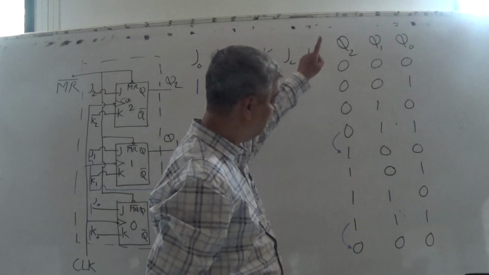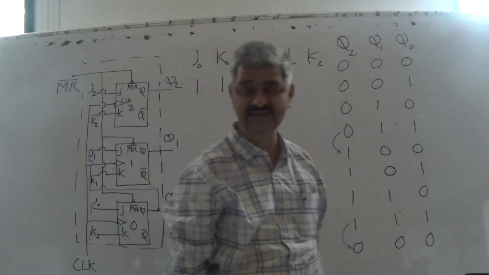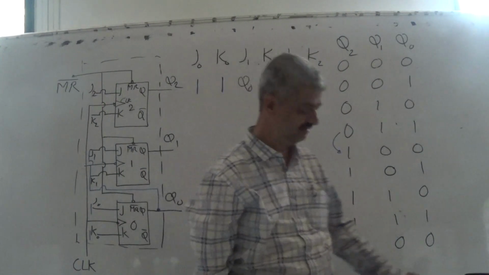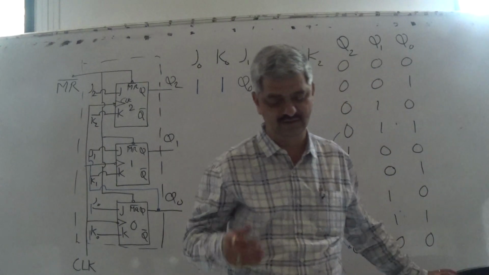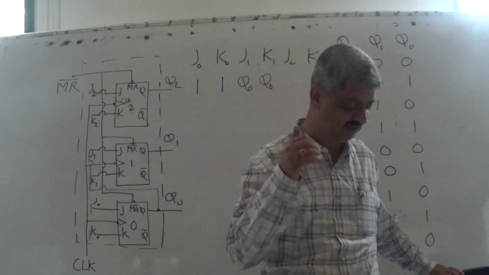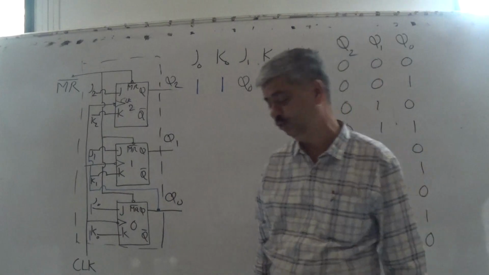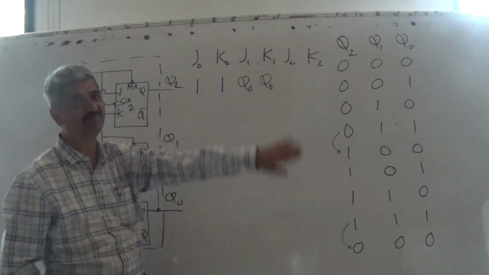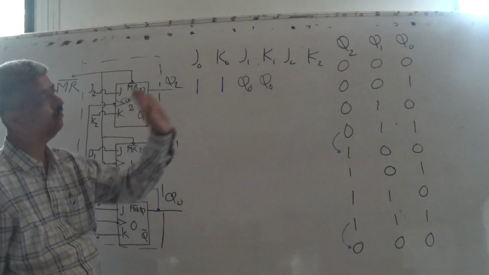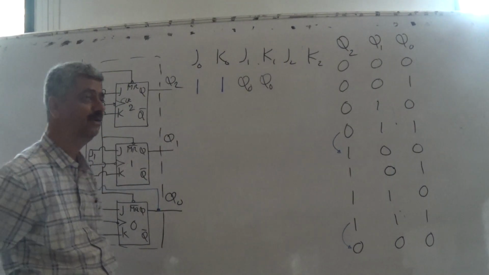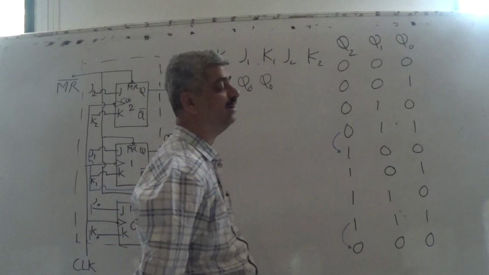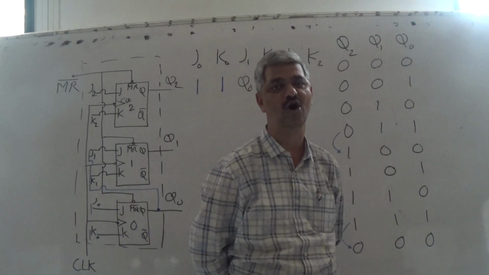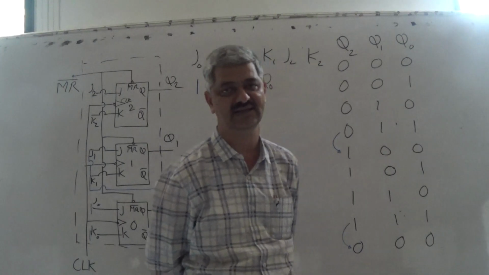Means flip-flop number 2 is expected to maintain the state, or rather I should use the thing happening less first. Flip-flop number 2 toggles when both lower flip-flops Q1 and Q0 are 1, outputs are 1 1, and in all other cases it maintains the state.